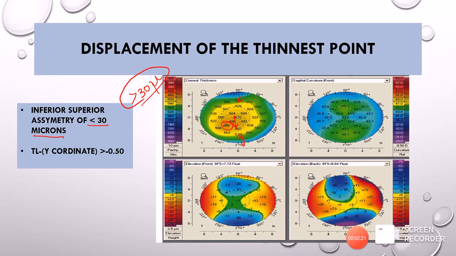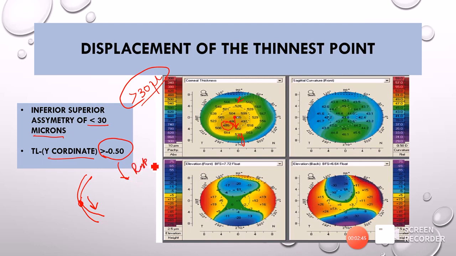What is believed is that normally the thinnest point is present in the center. The cornea is thinnest at the center and then becomes thickest at the periphery. So if there is any inferior displacement of this thinnest location, which is represented by the y coordinate, and that displacement is more than 0.5, it indicates that there is a risk.